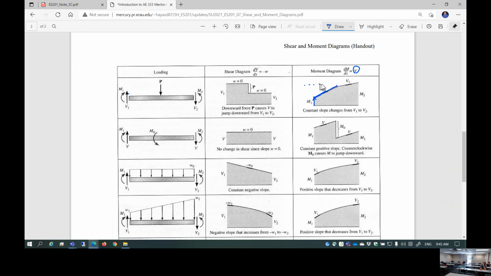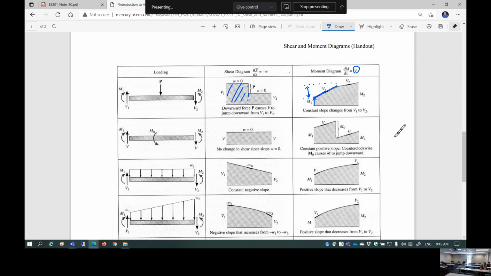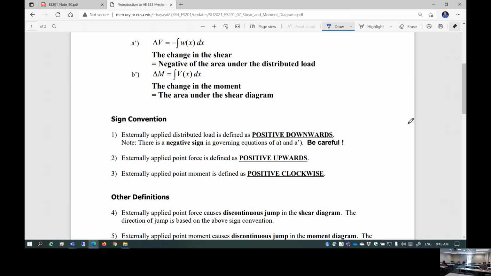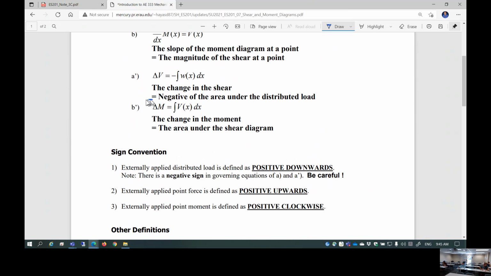So you are probably interested in, okay, so what's this? The moment changed from M1 to right here. How much change of moment do you have? What do you think? That's the area of this. Remember? Let's take a look at the previous page. Delta M. The change in the moment is the area under the shear diagram, right? That's what the integration really means.